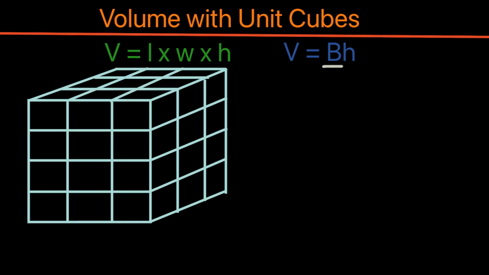So with a unit cube, each one of these units is 1. So therefore, that's 1, 2, 3. So we have a total of 3 units on the width.